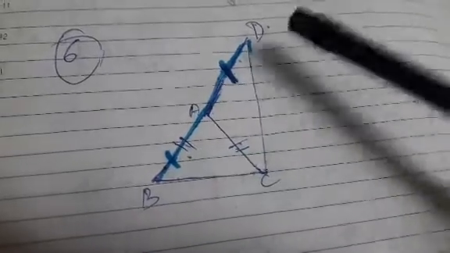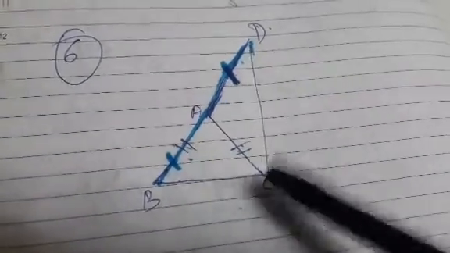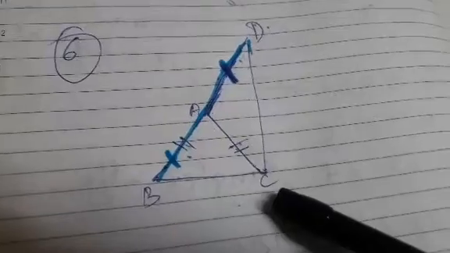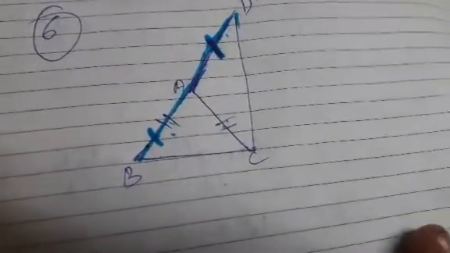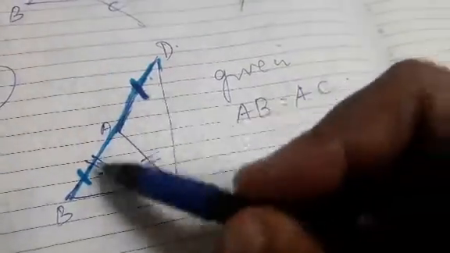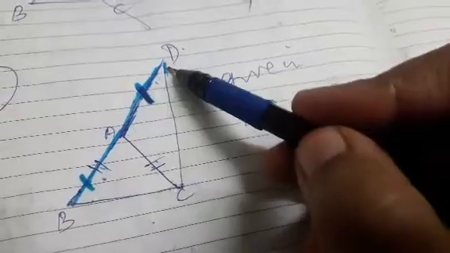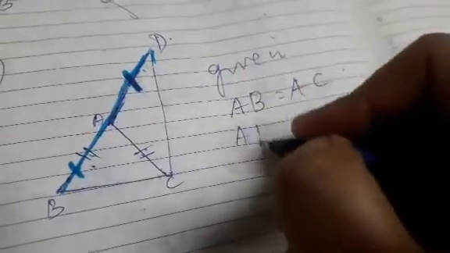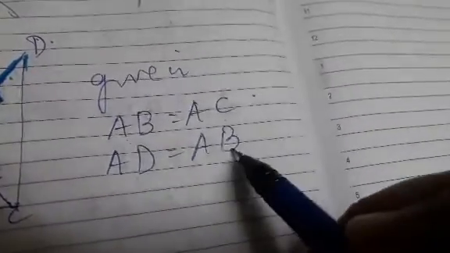Now we have to prove that angle C is a right angle. So let us first write what is given. It's given that ABC is an isosceles triangle, so AB will be equal to AC, and when we produce it to D, AD is equal to AB. Now, when you look at this, AB is equal to AC and AD is equal to AB, therefore AD will be equal to AC.